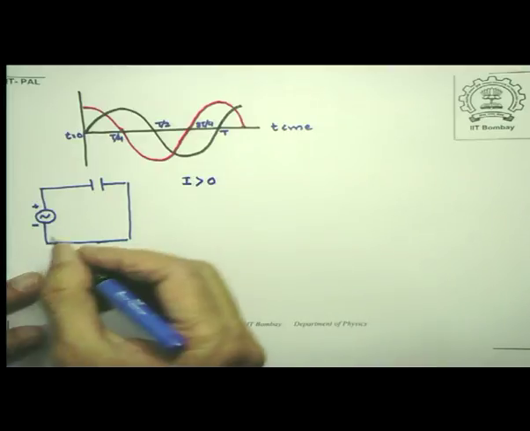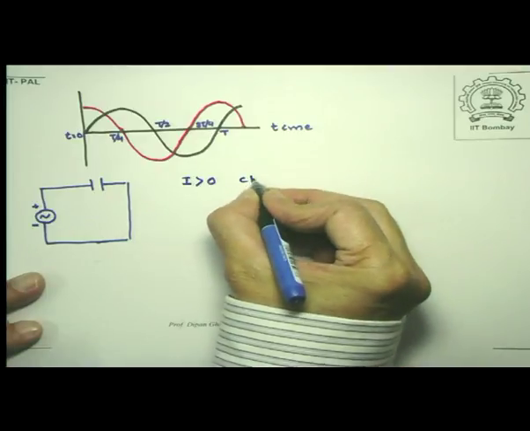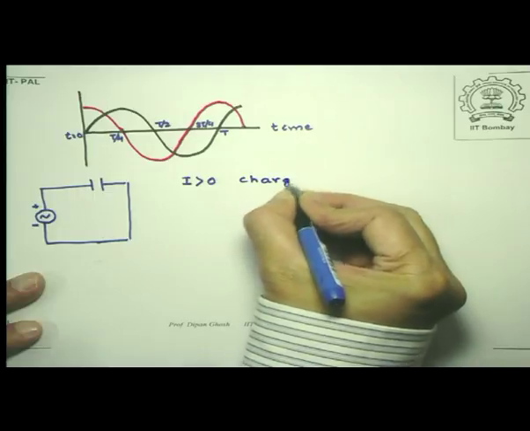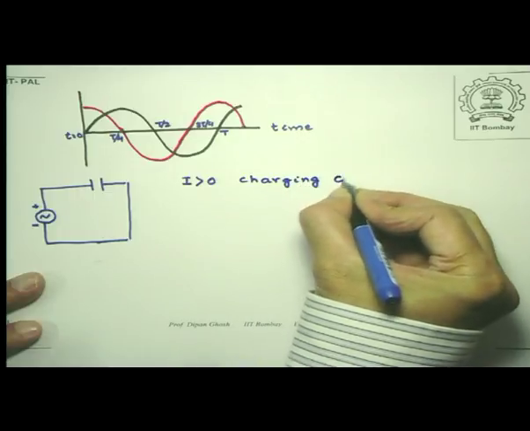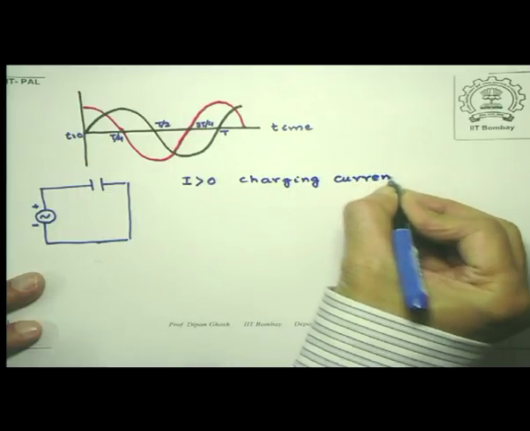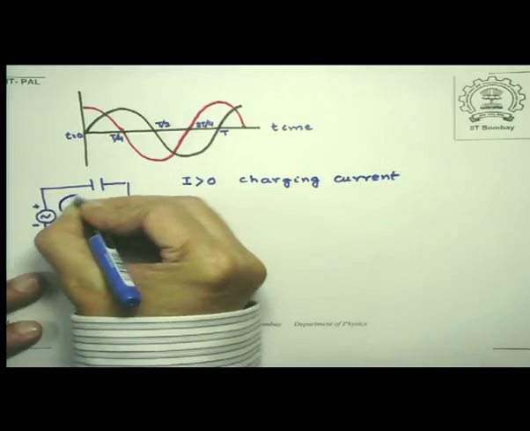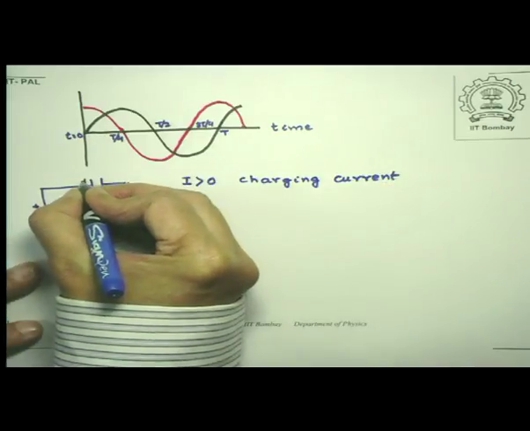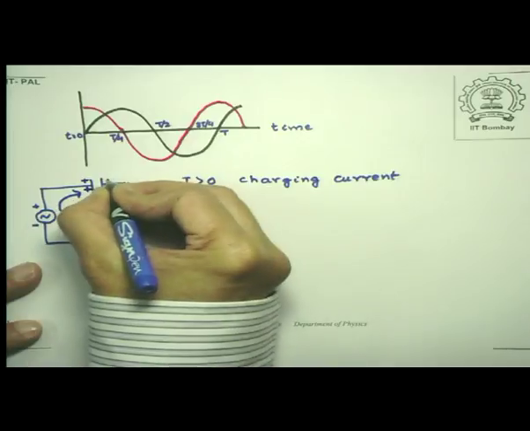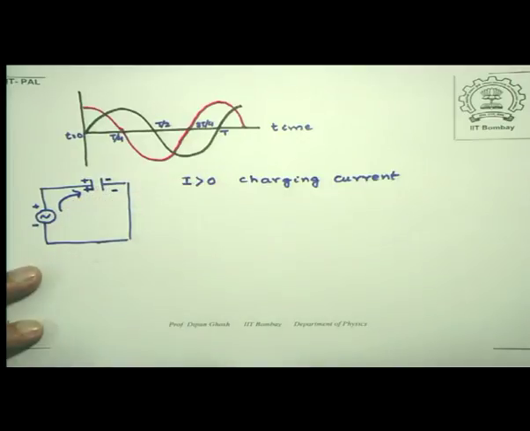So therefore there will be a charging current which will flow like this and will make this plate positive, and naturally this plate will become negative.